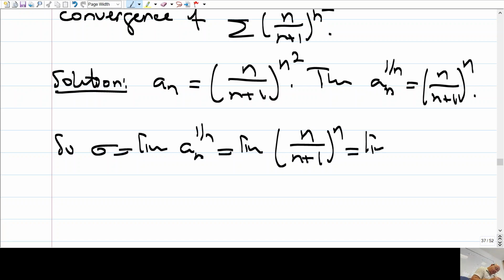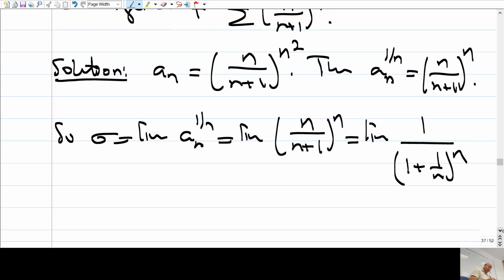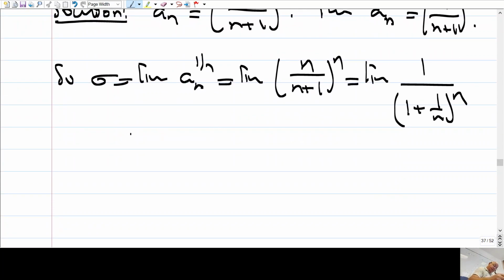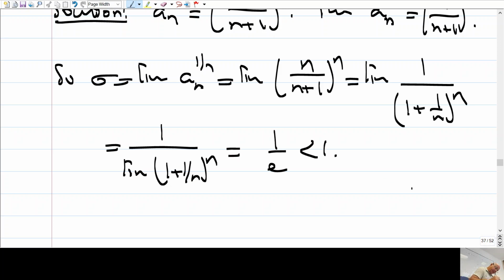I can write this as follows, 1 over (1 + 1/n) to the power n, right? But this is just the limit of (1 + 1/n) to the power n. So this is just 1 over e, and it's less than 1.